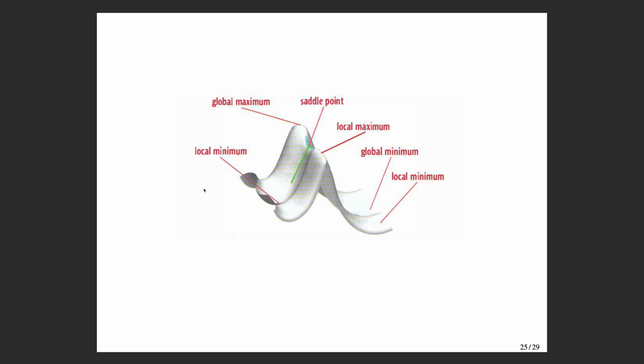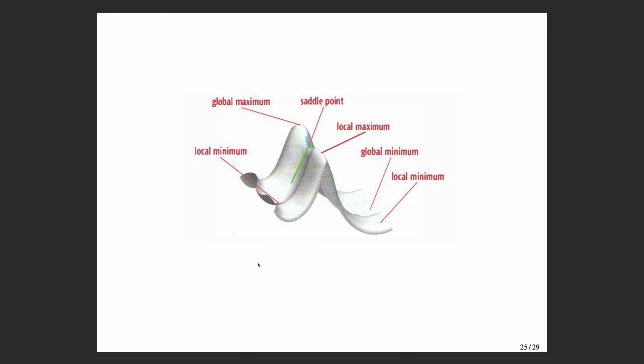This would be a very simplified version of a molecular potential energy surface. In principle, the number of dimensions would be 3 times the number of atoms minus 6, or possibly 3N minus 5, depending on whether your molecule is nonlinear or linear. And so when I say a hyperdimensional surface, I mean just that. It has many more dimensions than you can visualize using a simple picture.